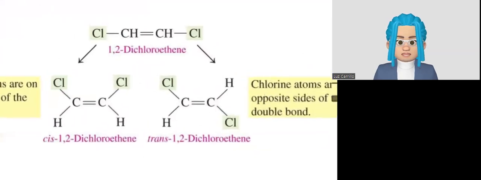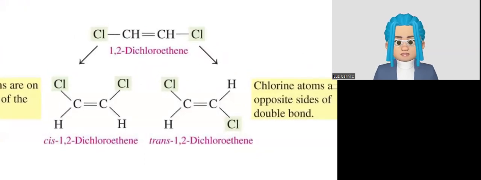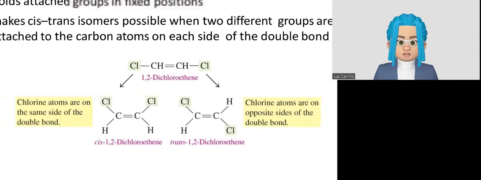If we look at the molecule 1,2-dichloroethene, sorry, not ethane, ethene, there are 2 conformations: the cis conformation of 1,2-dichloroethene and the trans conformation of 1,2-dichloroethene. Whenever you have a cis molecule compared to the trans version of it, the relationship between those 2 molecules is that they are diastereomers of each other.